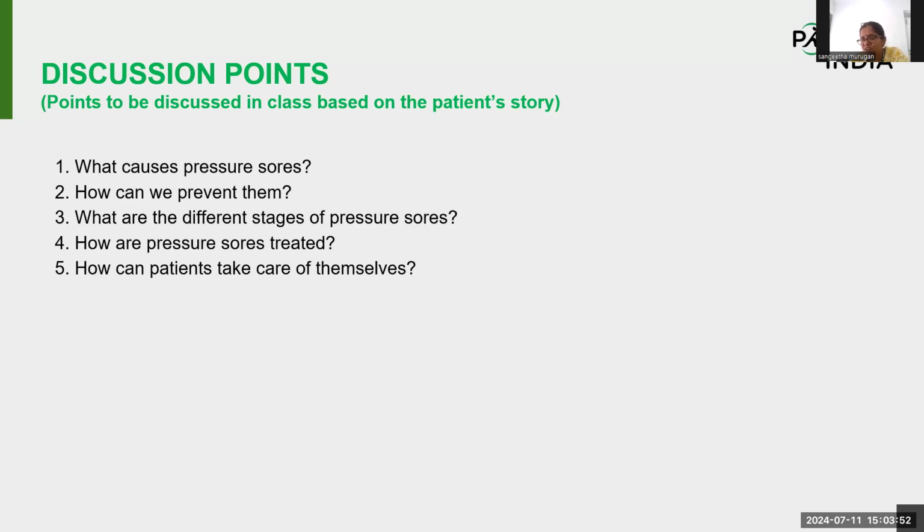It's not 5 stages, it's 4 stages actually. Unstageable is extra. It is not included as per the National Pressure Ulcer Advisory Panel. There are 4 stages; unstageable and deep tissue injury were added extra. These are the 4 stages you need to know as nurses, like I said, at your fingertips.